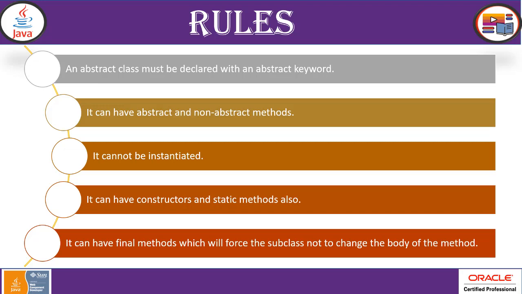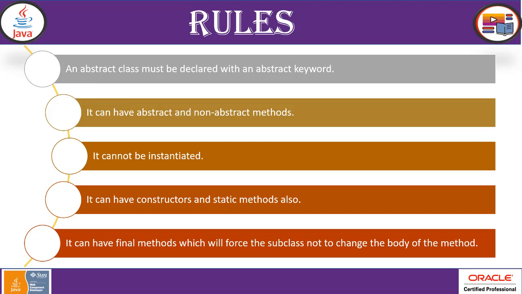It cannot be instantiated. The reason is it has some abstract type of method which is not defined. So when we create an object and try to reach that method, it is not defined, so it has to go to the method where it is implemented.